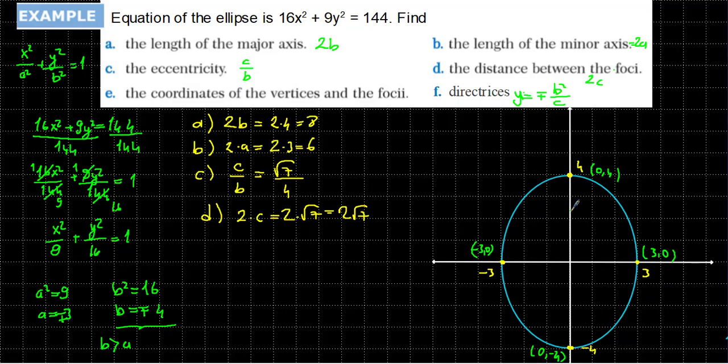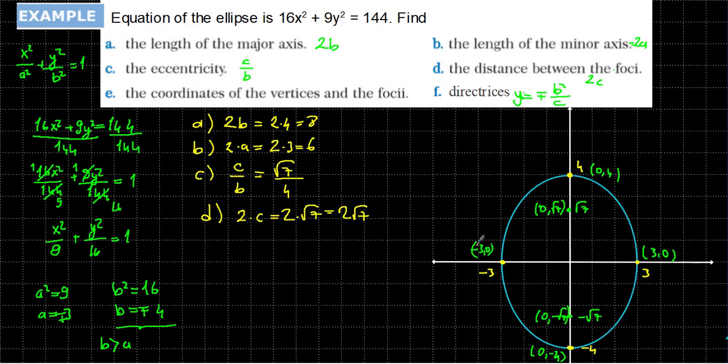The foci are approximately here: this is root 7 and this is minus root 7. The coordinates are on the y-axis, 0, root 7, and this is 0, minus root 7.